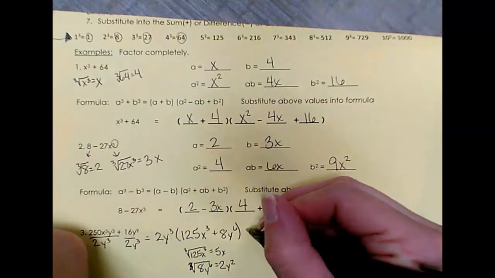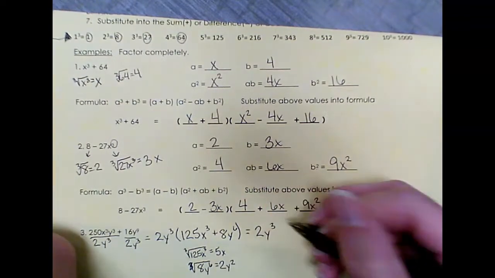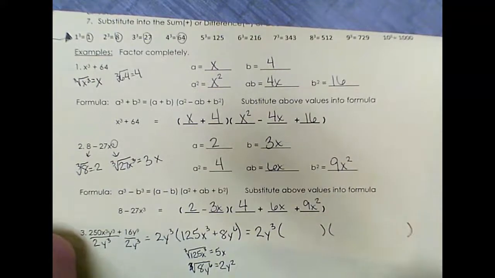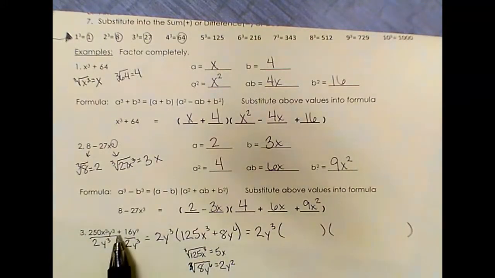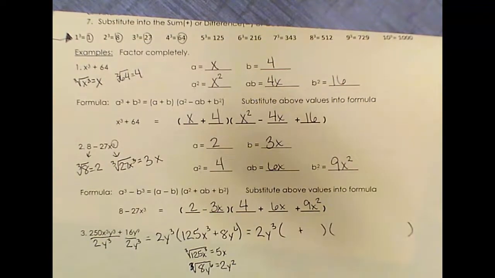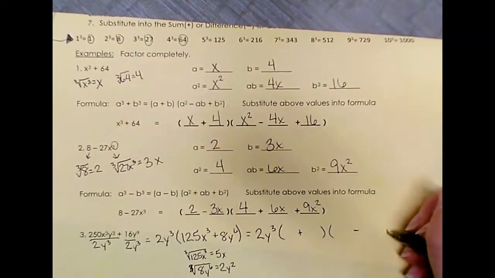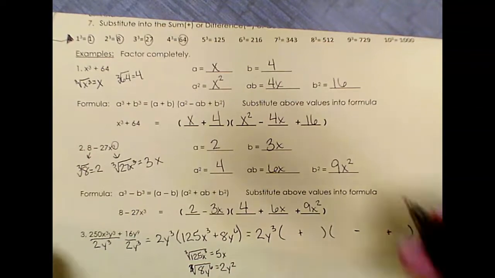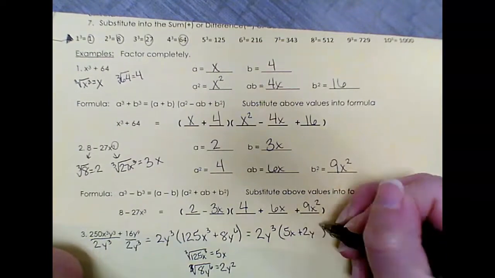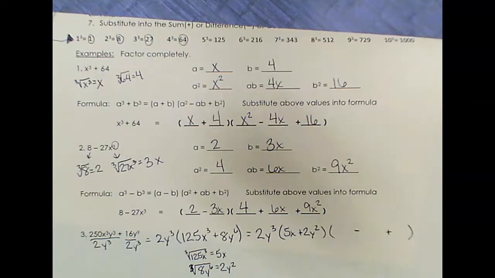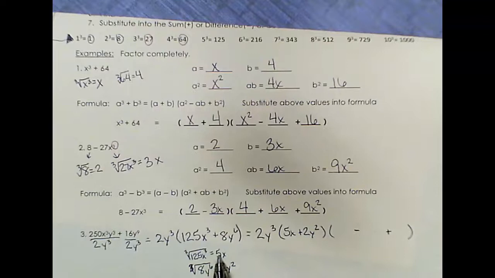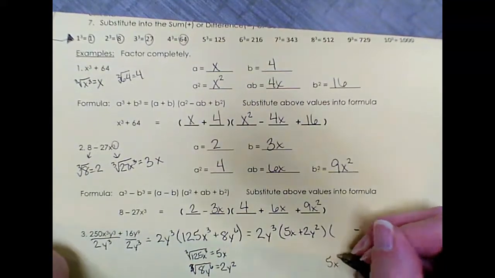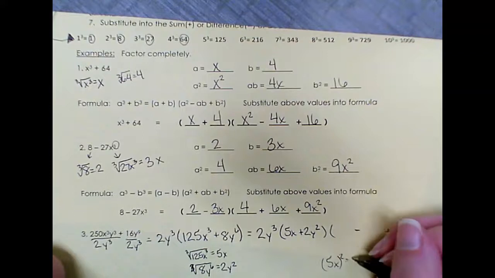So my formula, and I should have my GCF out in the front, my formula is same sign, so a plus sign, opposite sign, so a minus sign, and then always a positive. I should have a plus b in the first binomial, so 5x plus 2y squared. And then for my trinomial, I should have a squared, so 5x squared. If I square 5, that's 25.